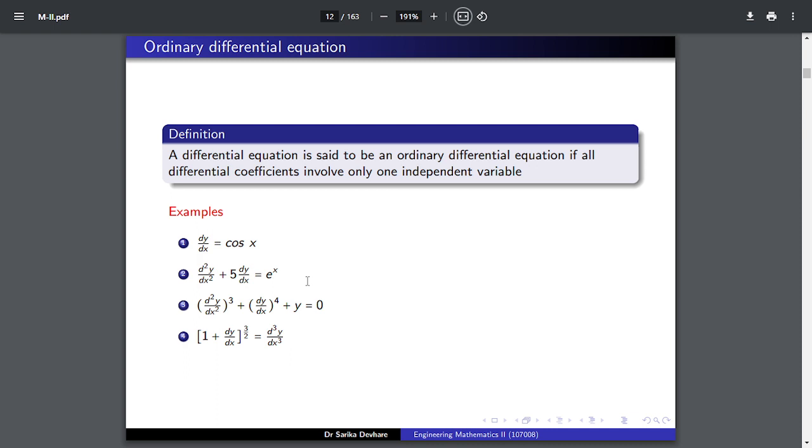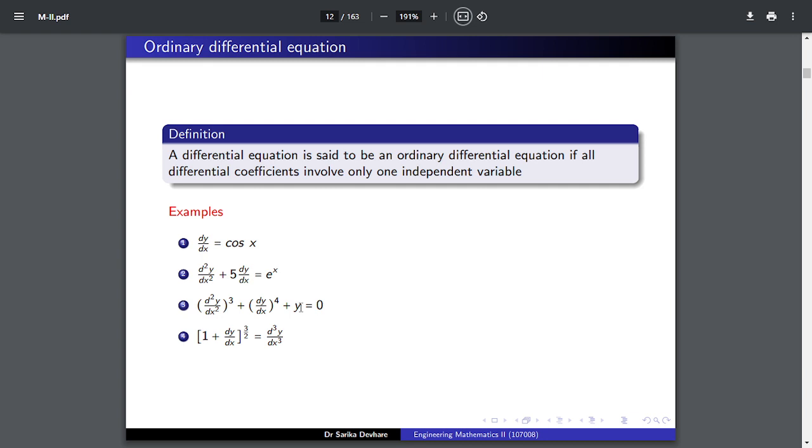Its definition says that a differential equation is said to be an ordinary differential equation if all differential coefficients involve only one independent variable. These are the examples of ordinary differential equations.